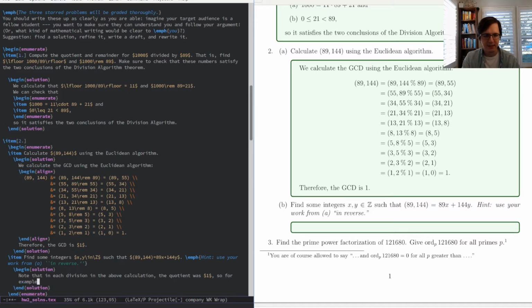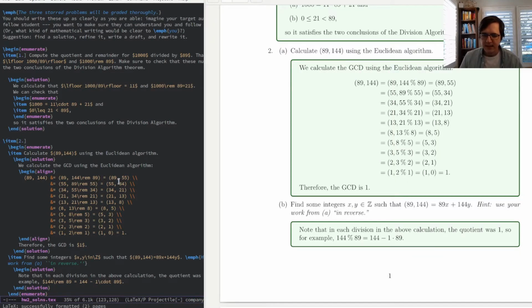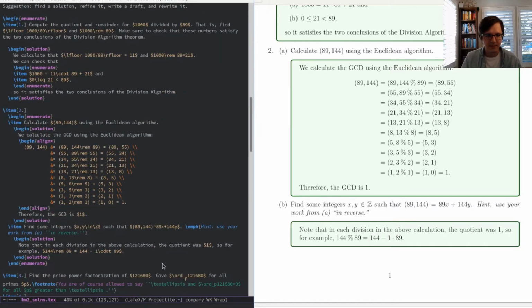So for example, 144 remainder 89 is 144 minus 1 times 89. Because what we want to do is start from the end where it's easy to write 1 in terms of the numbers in the GCD, and then start substituting these expressions from doing division back in.